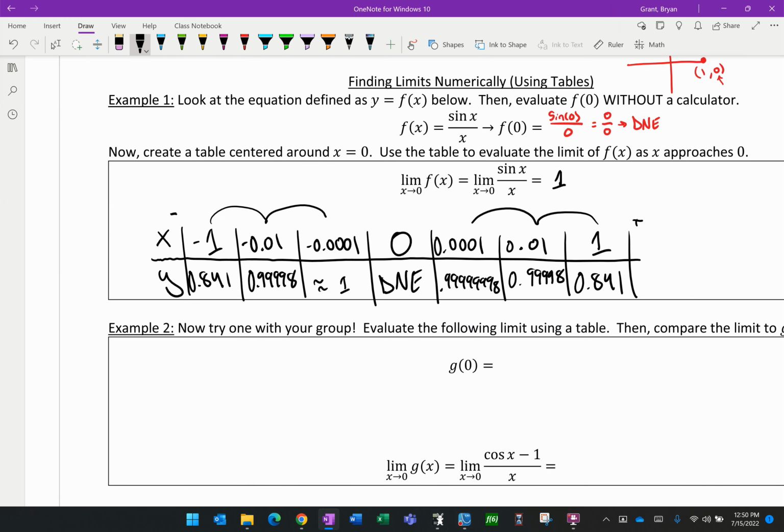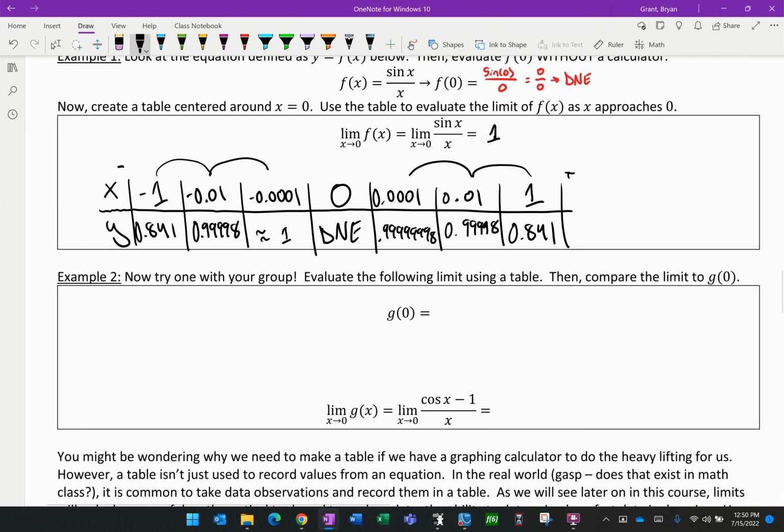So why don't you go ahead and determine this next value, where we have g and my g of x function, even though it's not written here, which is fine. Our g of x function is going to be defined as the cosine of x minus 1 divided by x. Okay? We can start by finding g of 0 together. Don't write too big because you'll need to make a table like we did before.